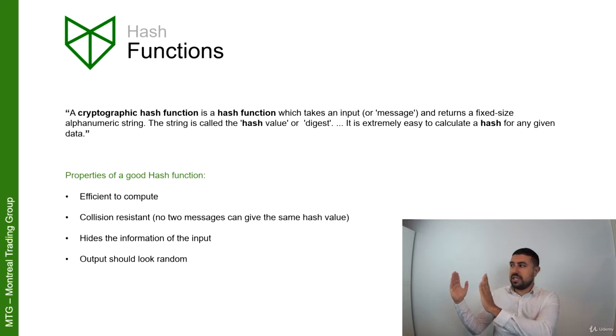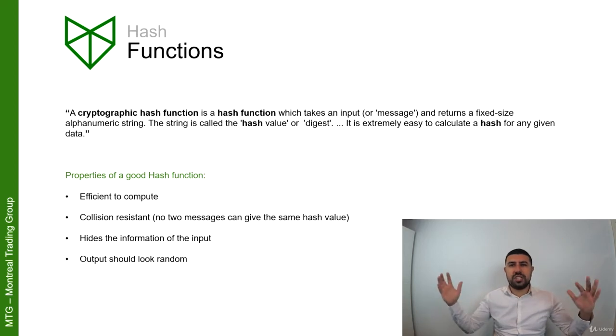This return value we call the hash, or sometimes the digest. Hash functions are very easy to compute, meaning it doesn't matter how big your file or message is, it's going to be very easy to compute that hash.